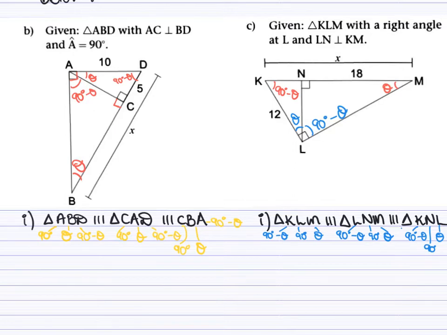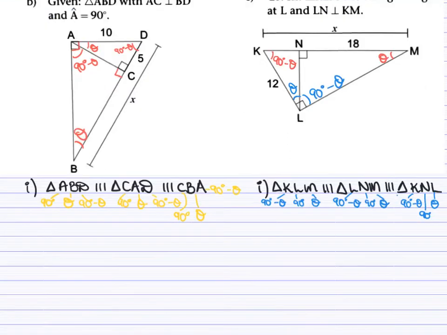Now for the second part of the question, we want to look at the bigger triangle and compare it to a smaller triangle. Let's go ahead and do this. We're going to compare triangle BAD, the bigger triangle, to the smaller triangle CAD.